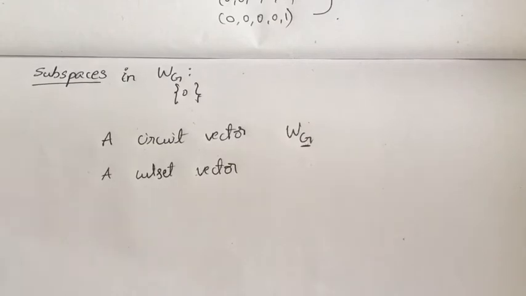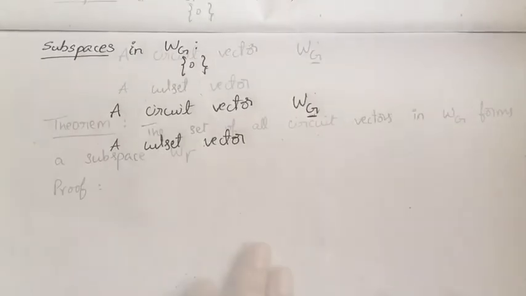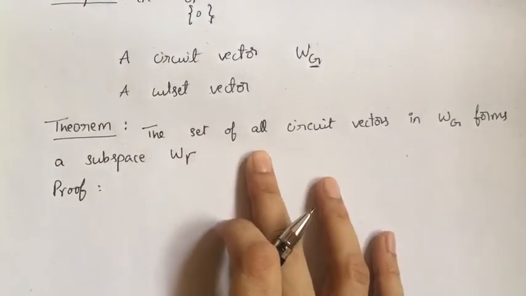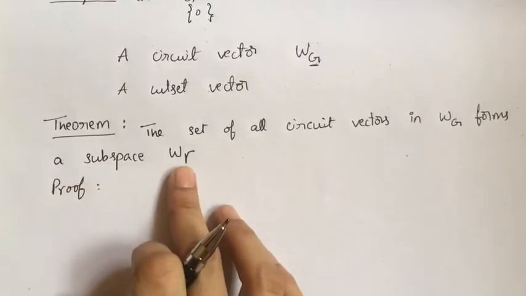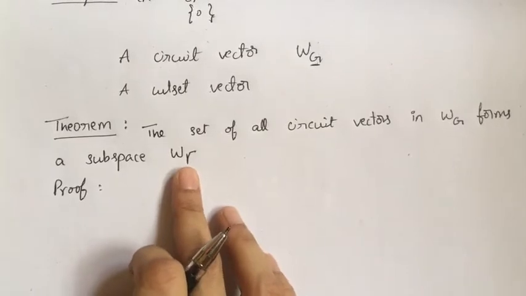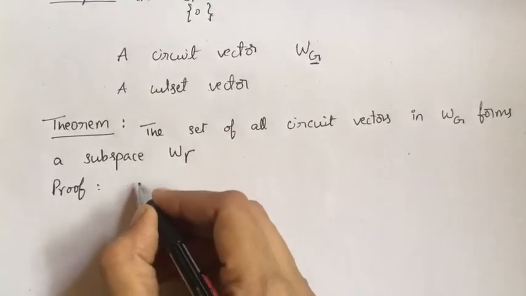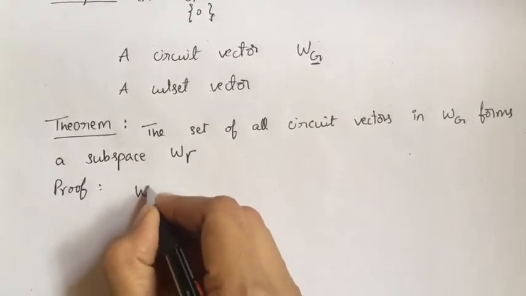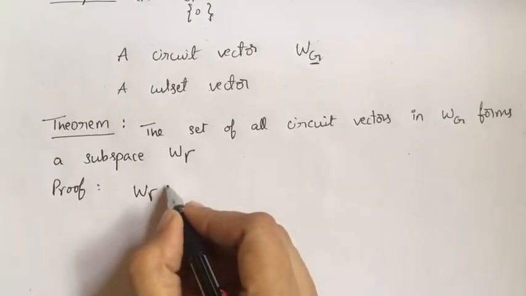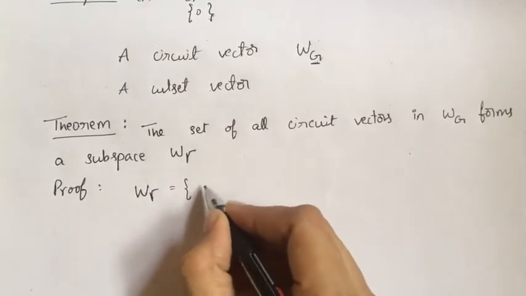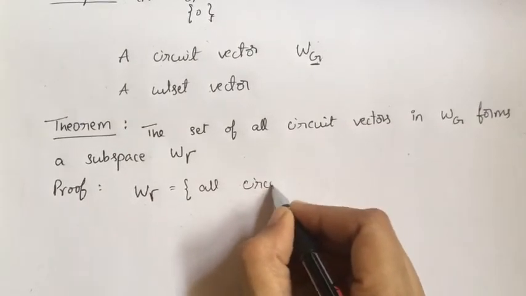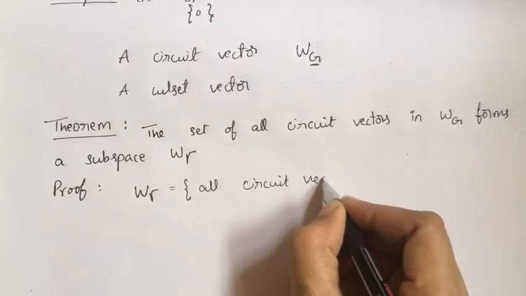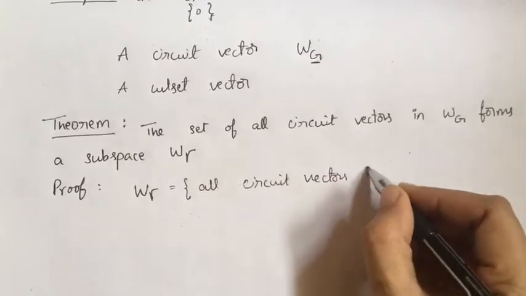Hence, we are going to prove a theorem that says the set of all circuit vectors in WG forms a subspace W gamma. I'll explain once again how we prove that. W gamma is the set of all circuit vectors in WG.